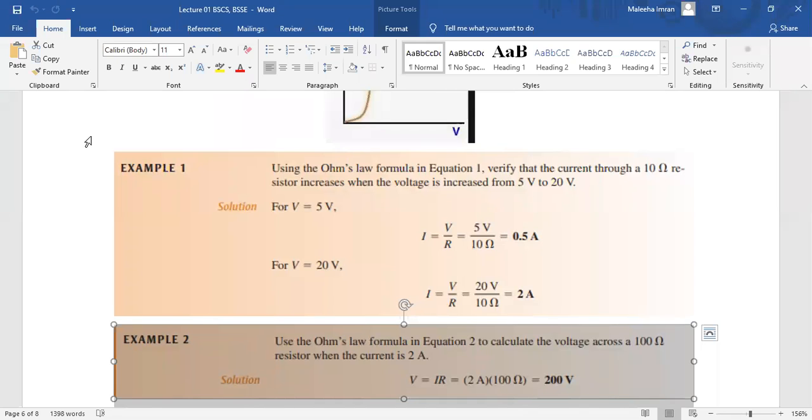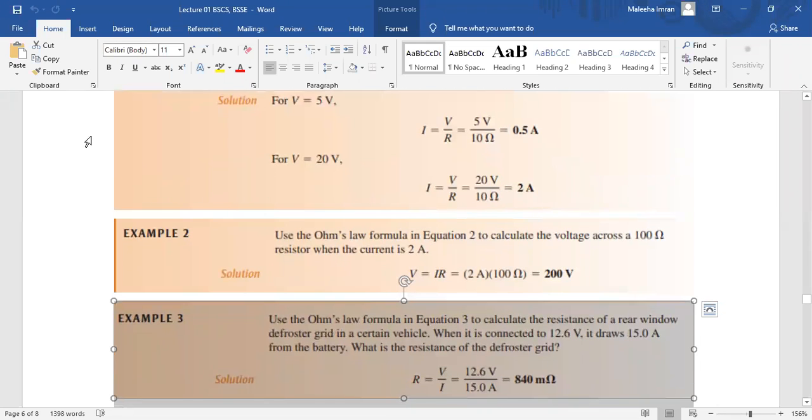When both are known, you can find the applied voltage. In the third one, you are asked to determine the resistance. Here, the resistance is defined as V over I. The applied voltage and the current are both given, so you can find the resistance.